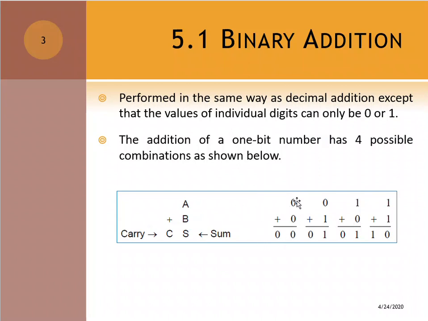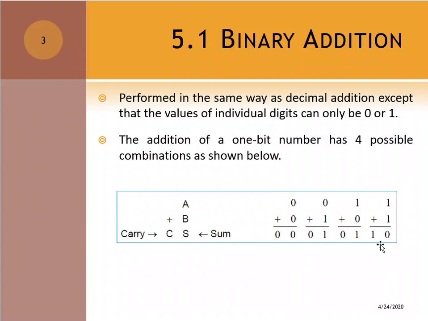Let's say 0 plus 0, the answer is 0, nothing is carried to the next bit. Then 0 plus 1 is 1, nothing is carried. Then 1 plus 0 is also 1, carry equal to 0. And the last one, 1 plus 1, is 2.